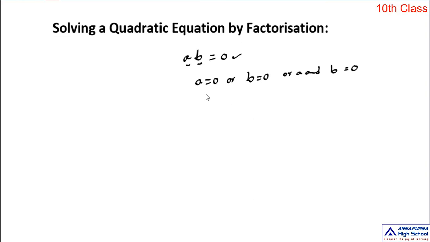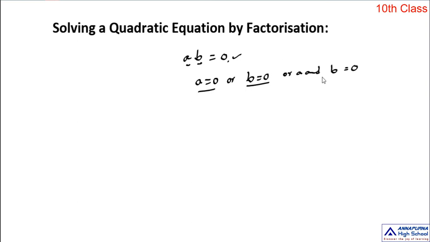So these are the possible cases when the product of two real numbers is 0. Either one of the real numbers is 0, that means either a is equal to 0 or b is equal to 0, then the product is 0. Or if both values are zeros, then their product is 0. Is there another case? No. In our mathematics there is no other case.